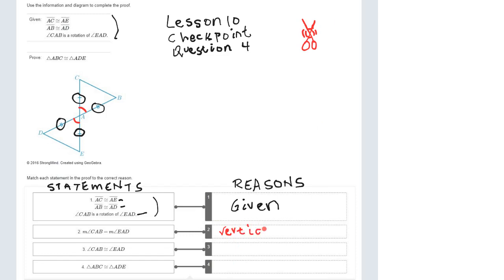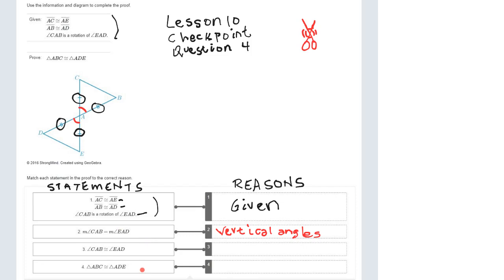Vertical angles. This is very common in lots of proof tables you'll see. You'll see this a lot of times going forward, vertical angles. There's a reason they're not called horizontal angles, and I don't even know that. I can say you have to stick with one. That's the name they chose. There's a fancy reason, but just know that it's vertical angles.